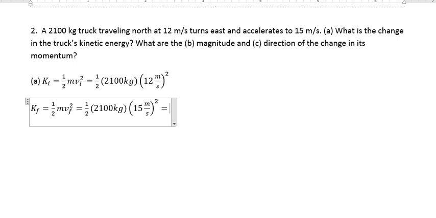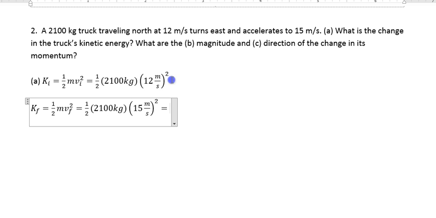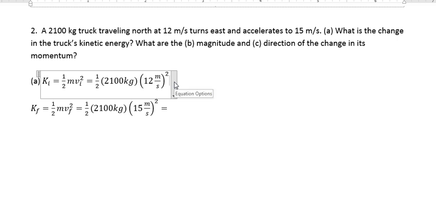All right, let's get some actual numbers here. 0.5 times 2100 times 15 squared, and 0.5 times 2100 times 12 squared. So the initial kinetic energy is 151,200 joules, and the final is 236,250 joules.